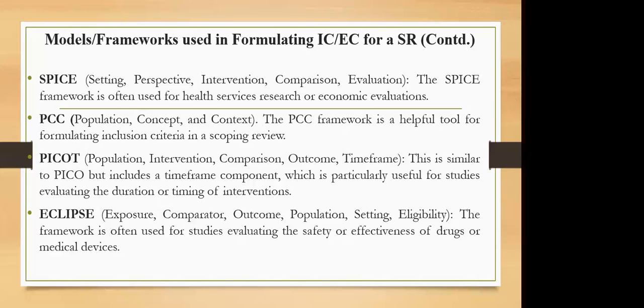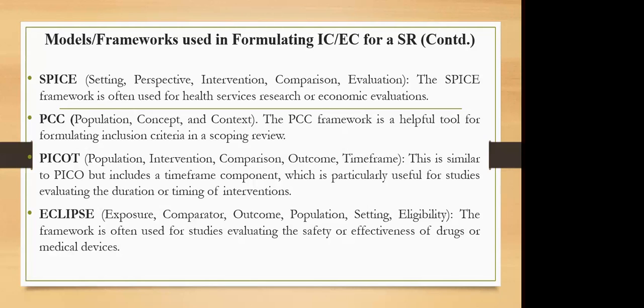We also have the PICOT, where we have the population, intervention, comparison, outcome, and time frame. We also have the ECLIPSE framework for formulating our inclusion and exclusion criteria. It's usually used for studies evaluating the safety and effectiveness of drugs or medical devices.